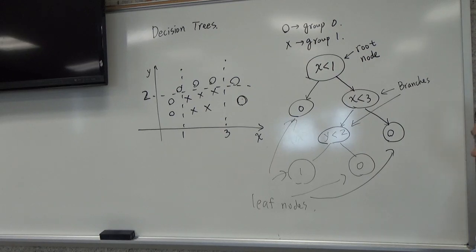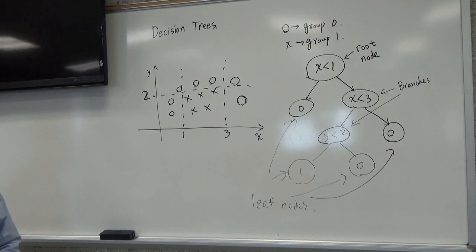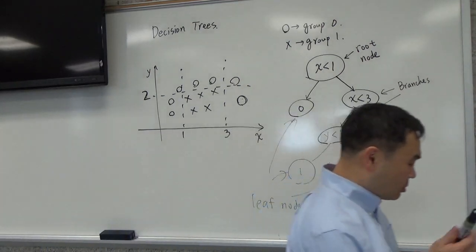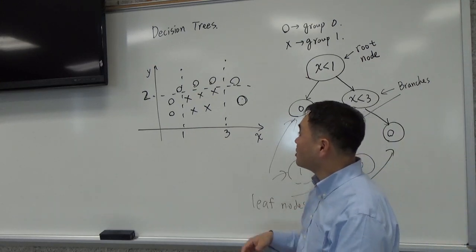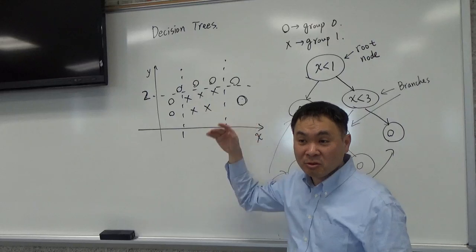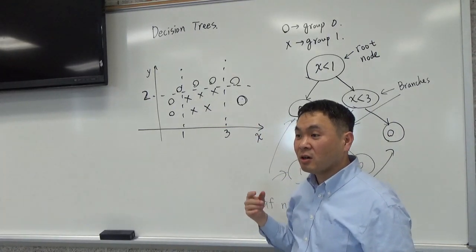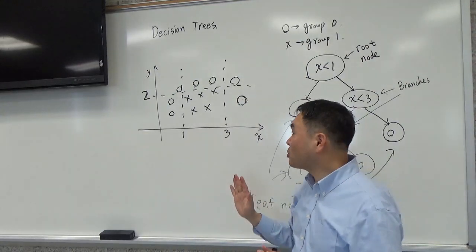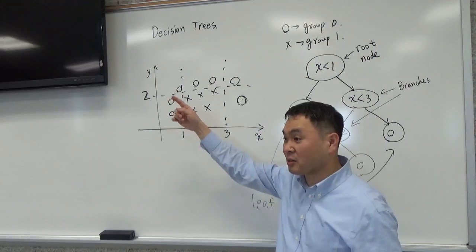Now, one interesting thing about this decision tree is that it's in some sense superior to the other one. What was that? The support vector machines or logistic linear regression, because this is not linearly separable. See, logistic regression or support vector machines, at its most primitive form, it can only divide sets by a straight line, right?